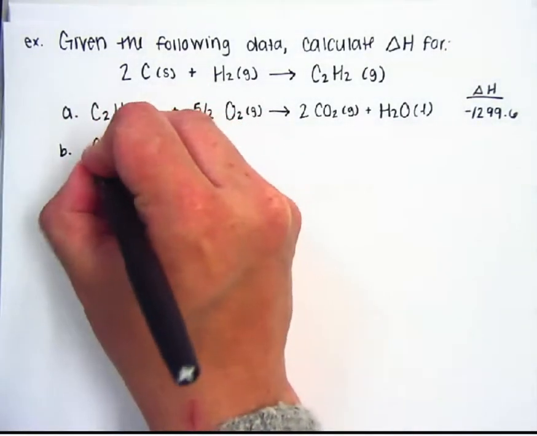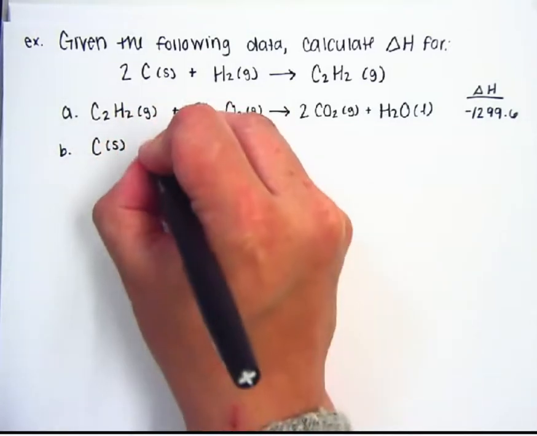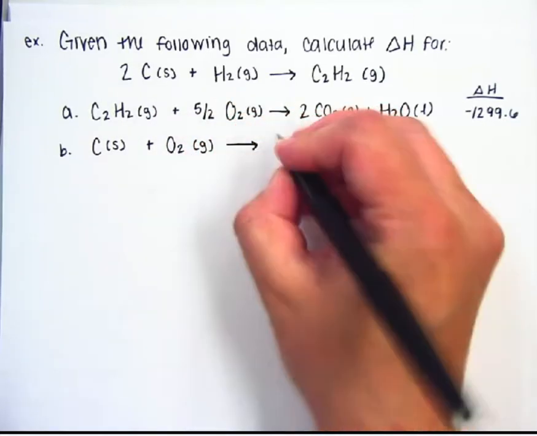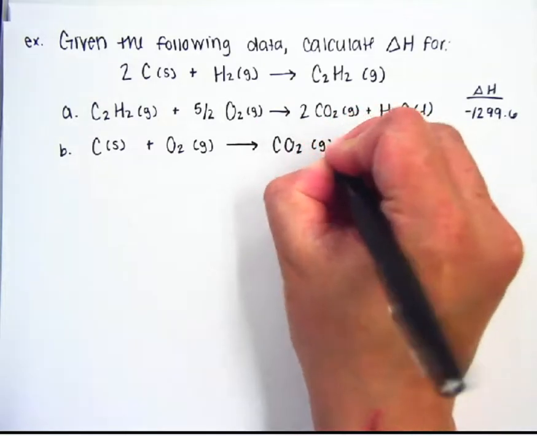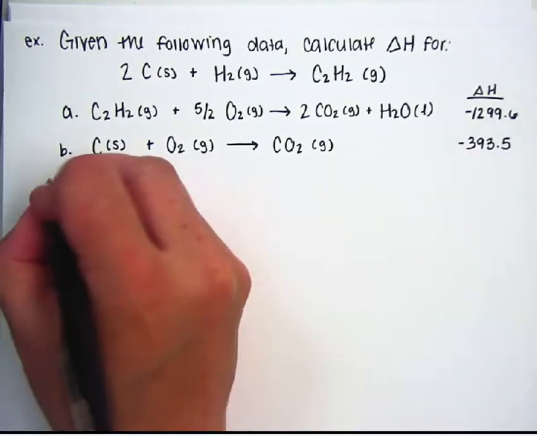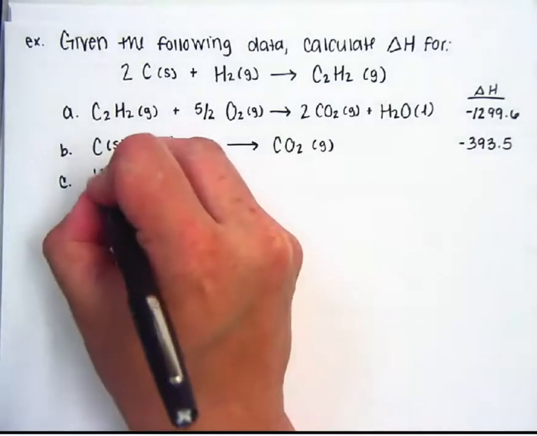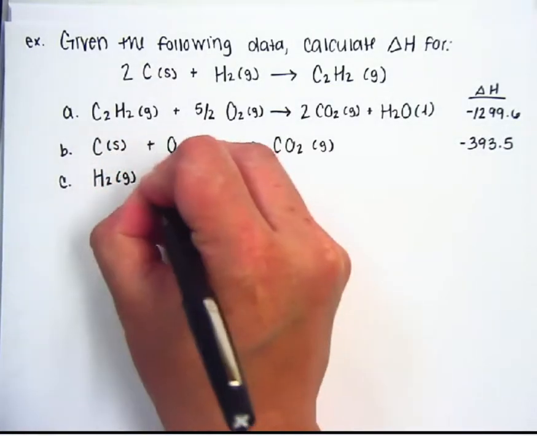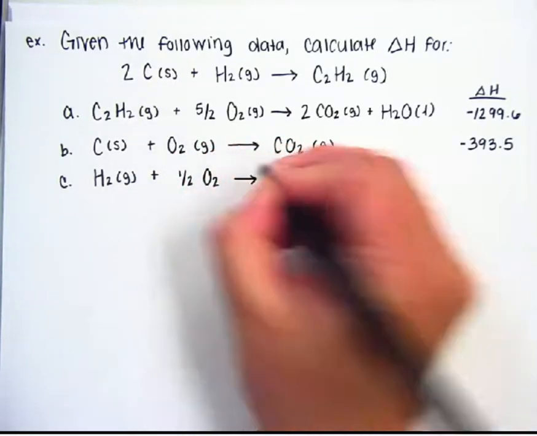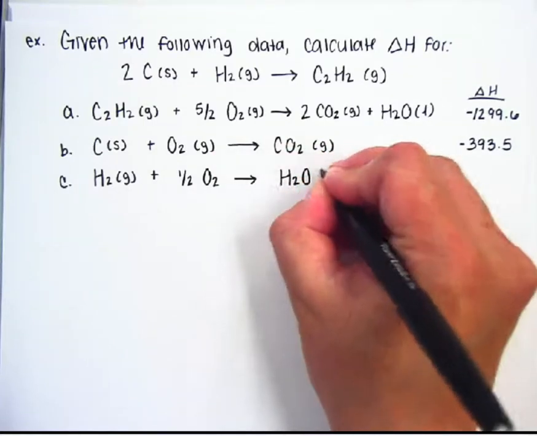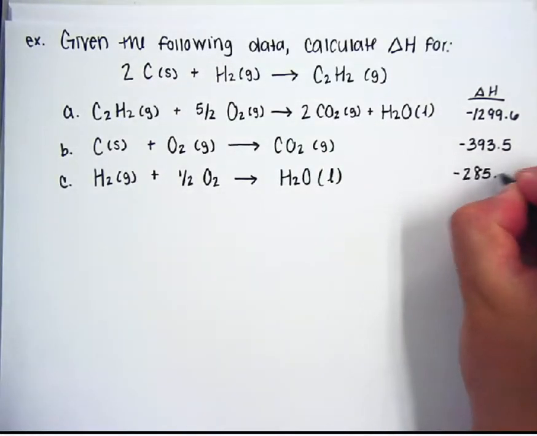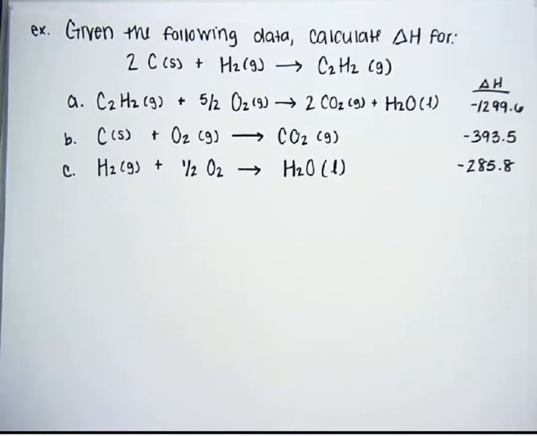Reaction B, negative 393.5. And reaction C, negative 285.8 kilojoules. So this one's going to be a little bit more difficult for a few reasons.